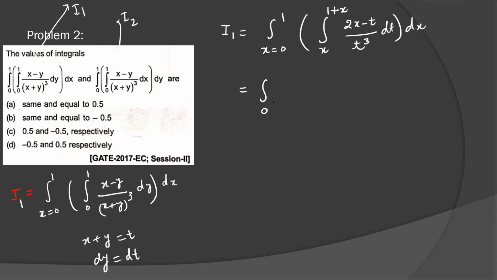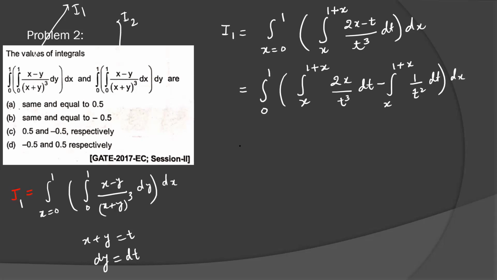Now this can be written as the integral from 0 to 1. If we separate this, integral from x to 1 plus x of 2x over t cube dt, minus integral from x to 1 plus x of 1 over t square dt, dx. Integrate with respect to t here. If you integrate with respect to t, you will get minus x over t square plus 1 over t.